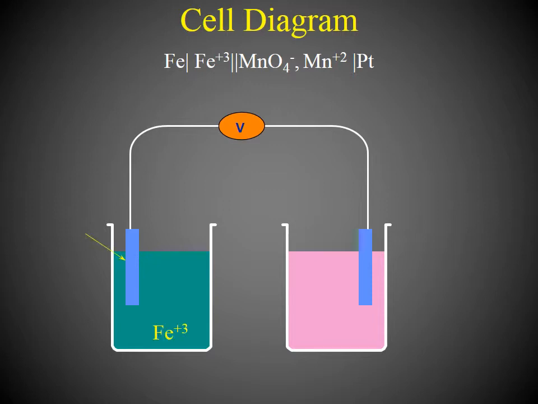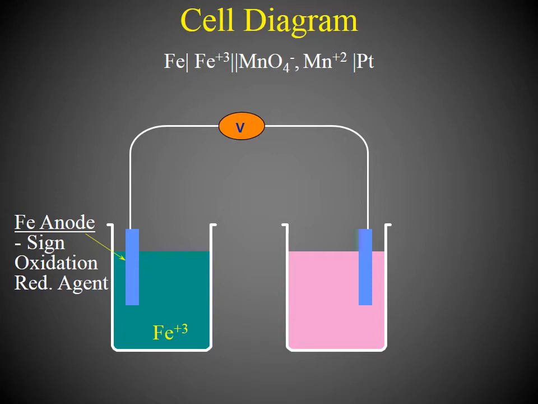So here are the species. Iron 3 is the species that gets created in the solution on the anode side, and so my iron anode has a negative sign. This part of the cell is where the oxidation is occurring, and iron is the reducing agent. The electrons are flowing towards the cathode. In solution, once again, I have the permanganate ion going to manganese 2.